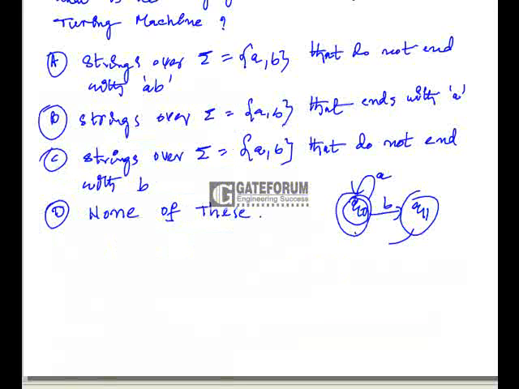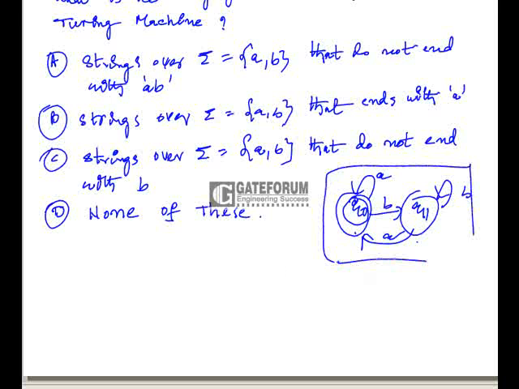Q1 on A goes to Q0, Q1 on B goes to Q1, and Q1 on blank halts. This is an equivalent DFA because it is a regular language. It accepts all strings that end with A plus epsilon, which means strings that do not end with B. So option C is the right option here.